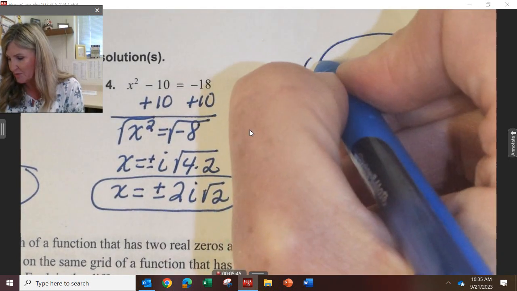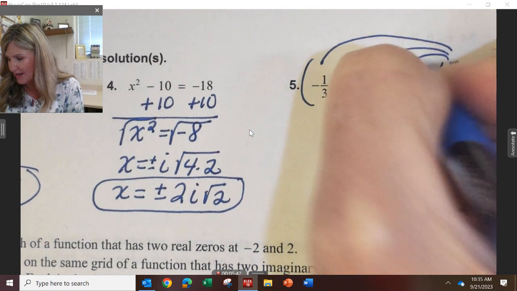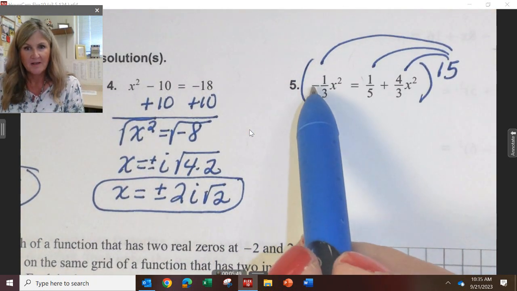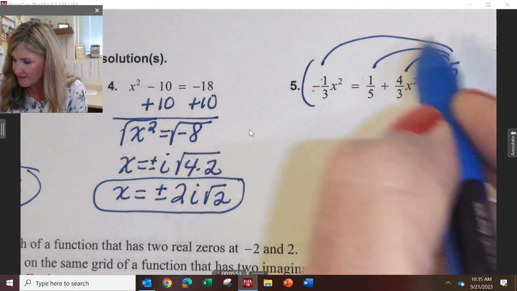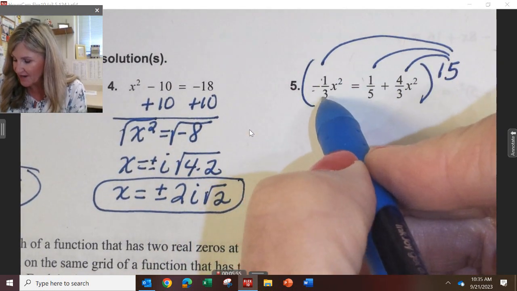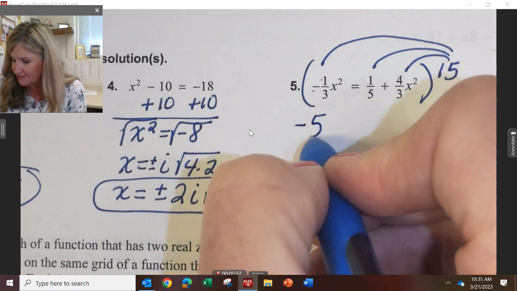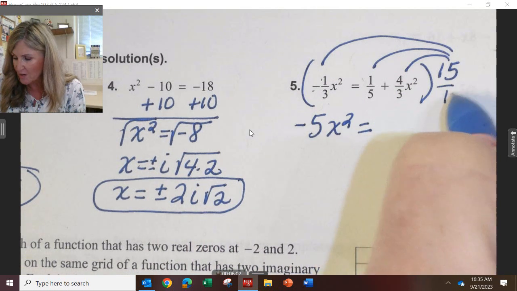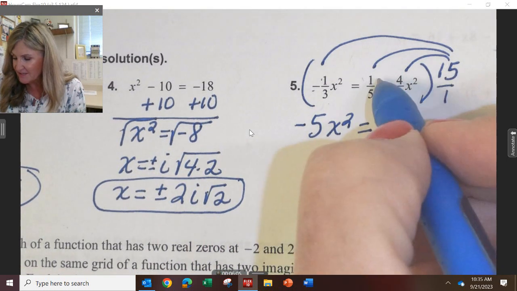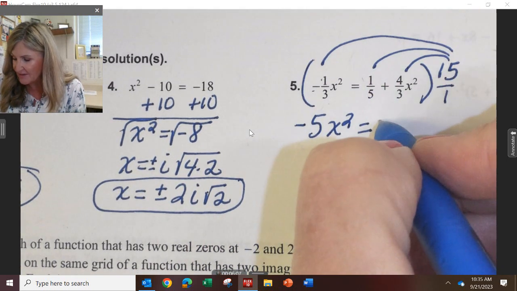So I have to multiply every term by 15. Negative 1/3 times 15 is negative 5x squared. This is over 1. 15 times 1 divided by 5 is 3.